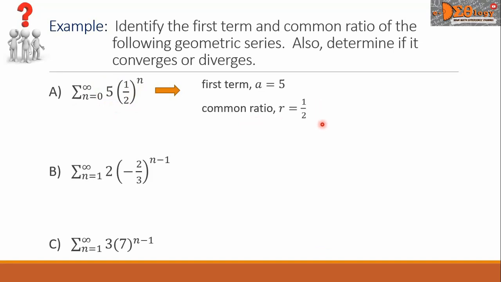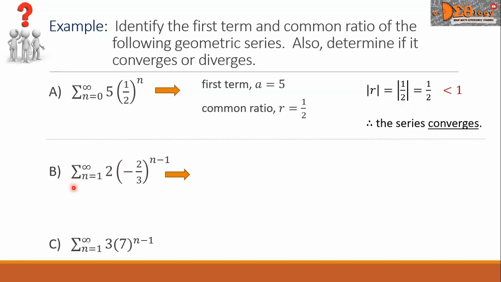To test for convergence or divergence, we say that the absolute value of r is equal to the absolute value of 1/2. When we simplify, this is equal to 1/2, which is less than 1. Therefore, this series converges.